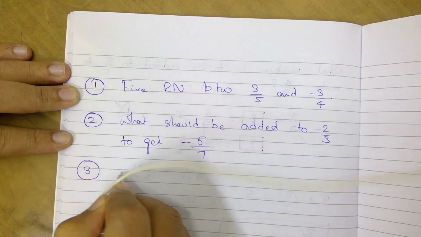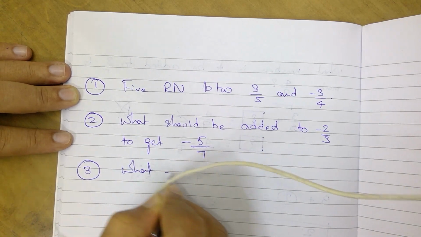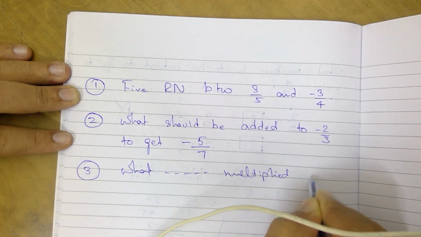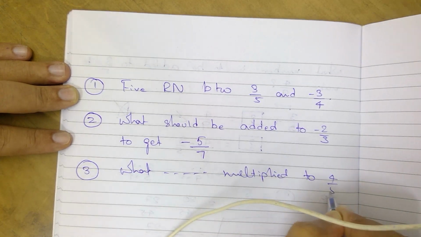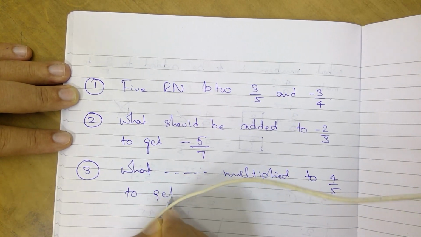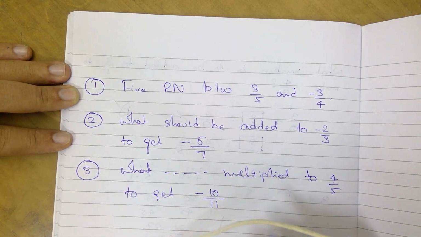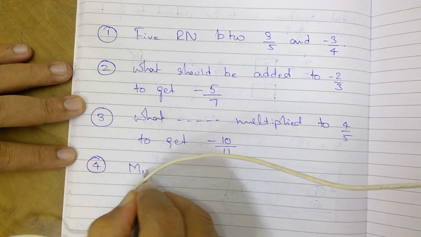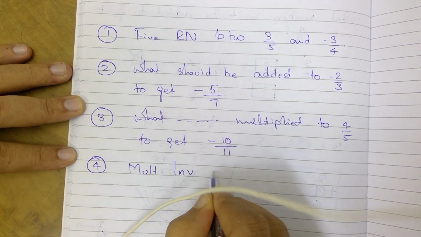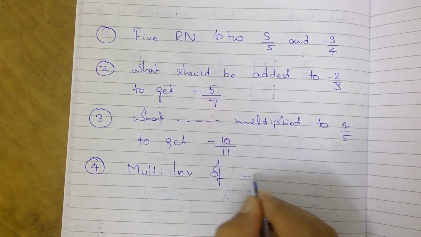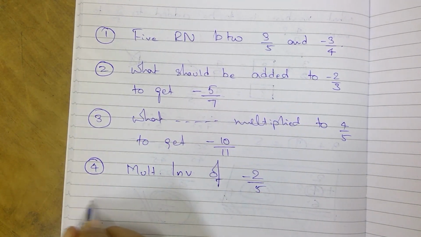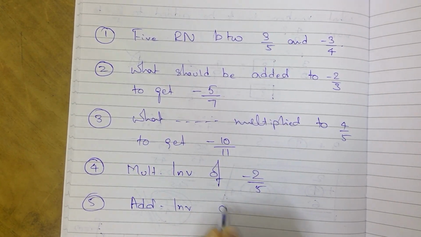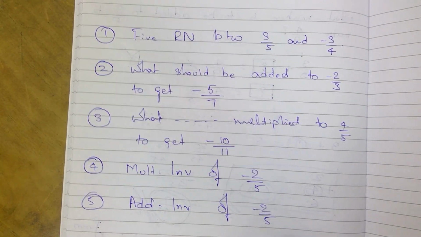And in the same way, what should be multiplied to 4 by 5 to get minus 10 by 11? Okay, and fourth one, find the multiplicative inverse of minus 2 by 5. Fifth one, additive inverse of, let us say, minus 2 by 5.